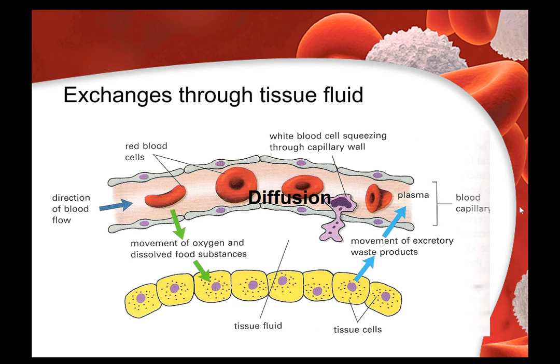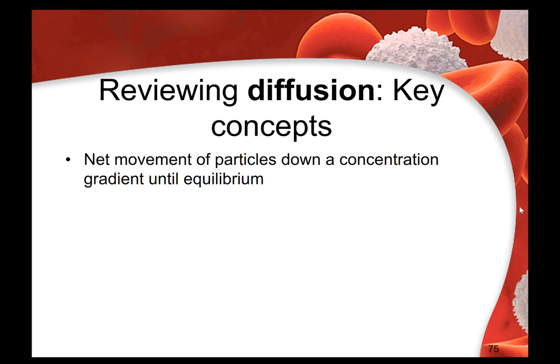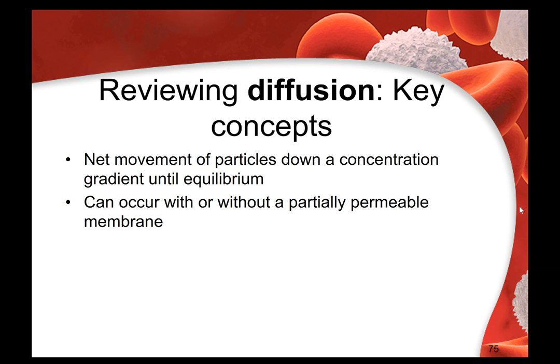Okay, so just to recall some of the diffusion key concepts that we learned before in chapter 3. Diffusion is always down the concentration gradient. It can take place with or without a partially permeable membrane, if you can remember, and doesn't require energy at all. Once there's a difference in concentration gradient, diffusion will happen.